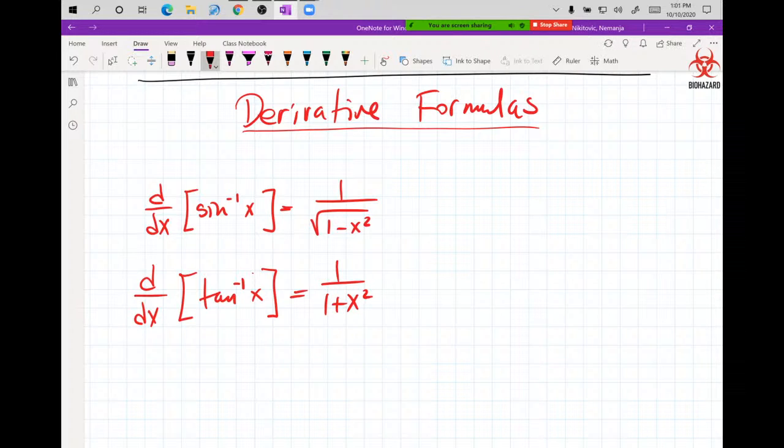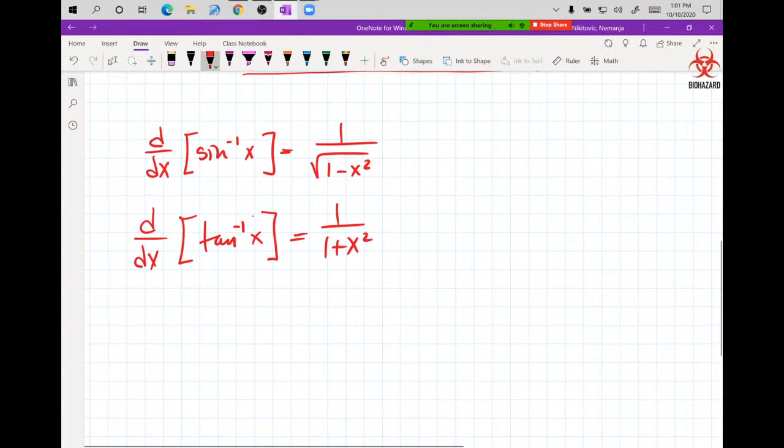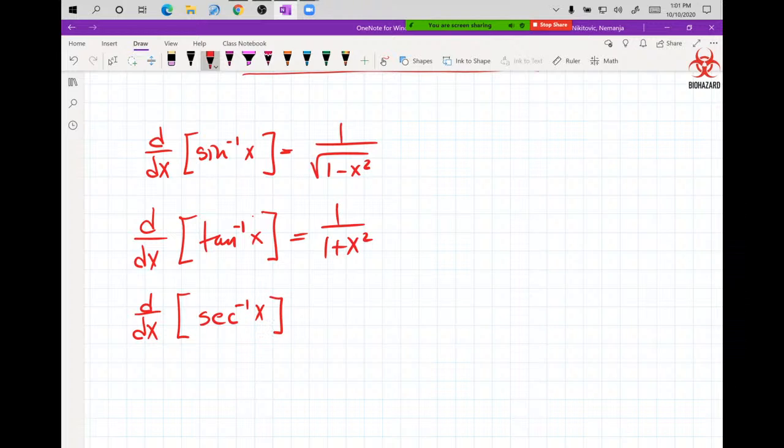So these two formulas show up a lot. Well, primarily tangent. The other four, not so much. They obviously are going to be in the homework section for this chapter, but that's it. Here we have 1 over absolute x square root of x squared minus 1.